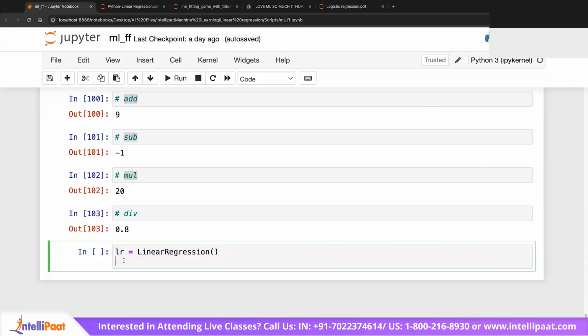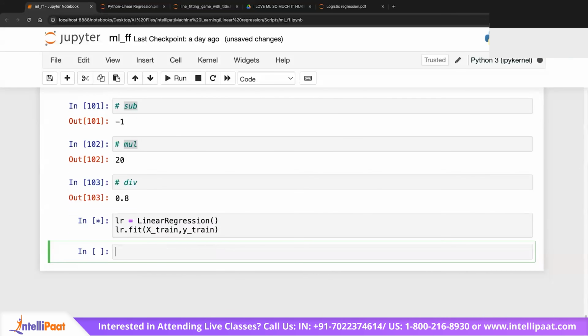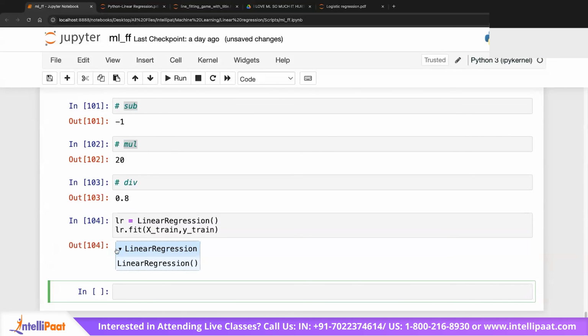LR. So I will tell the model to take the model, dot fit it. What do you mean by dot fit? Run the model. But will it run now? No. Because did I pass the x train data? No. Did I pass the y train data? No. Now I have passed the data, it will run. Do you see this blue color box in front of you?